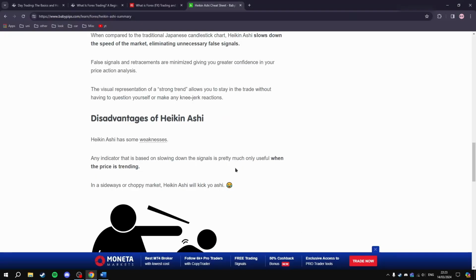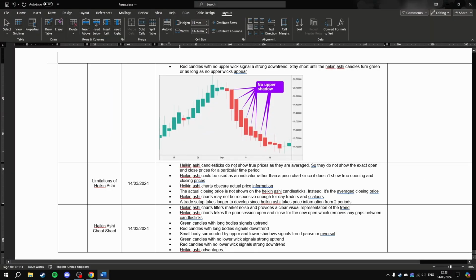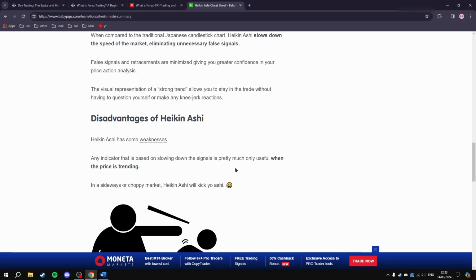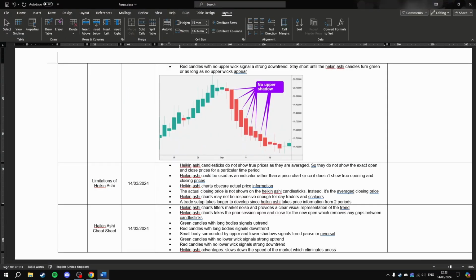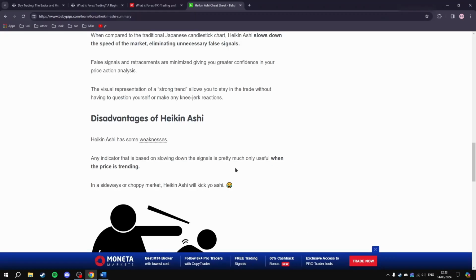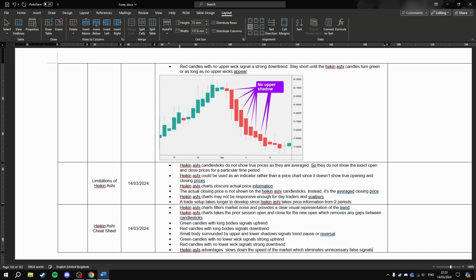Advantages. Slows down the speed of the market, which eliminates unnecessary false signals.